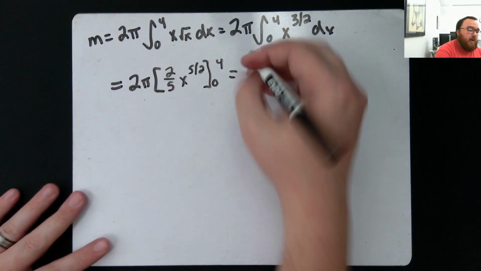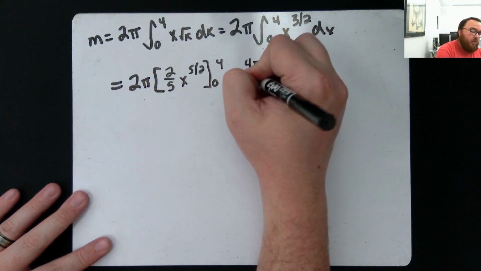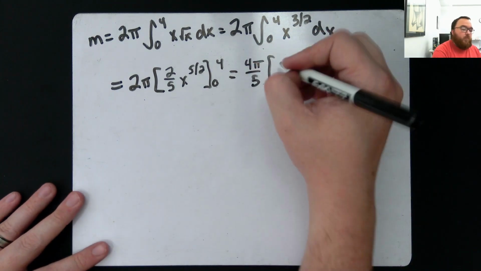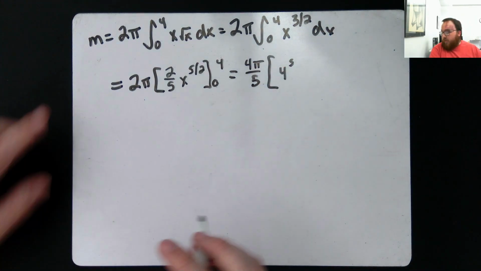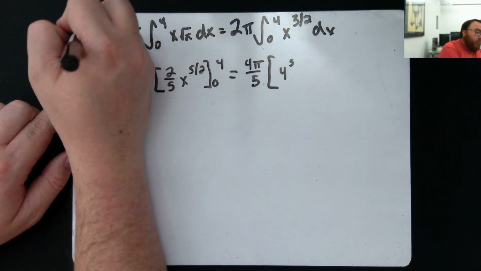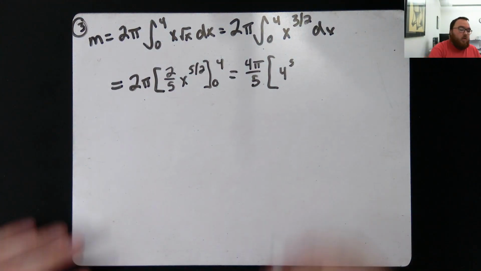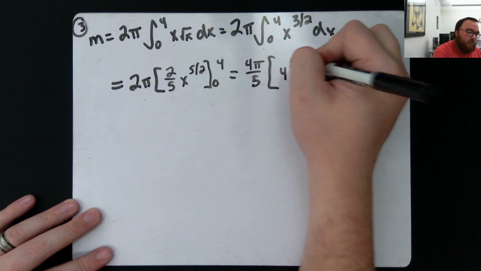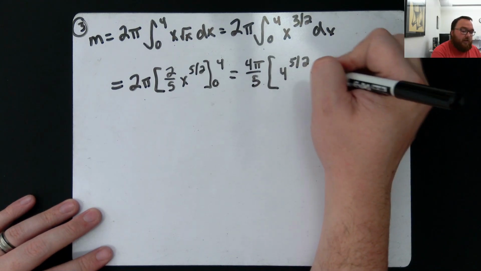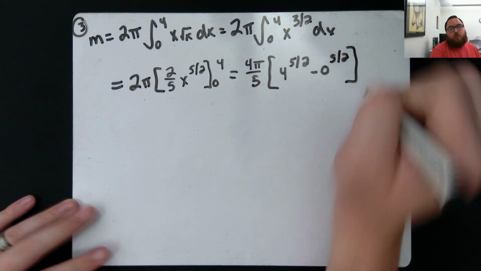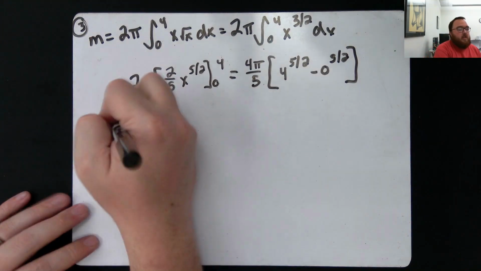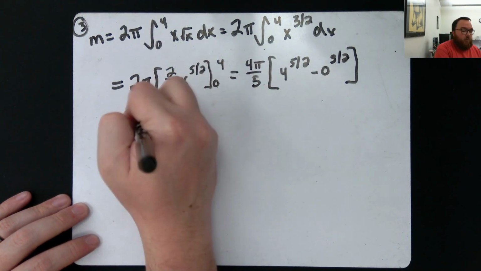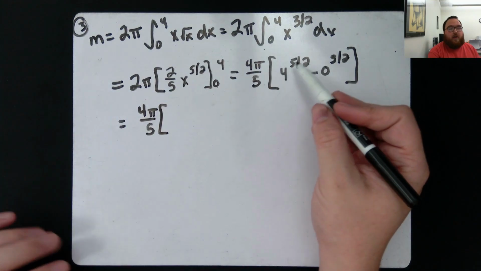2/5 times 2 pi is 4 pi over 5. Plug in a 4 first, 4 to the 5/2 minus 0 to the 5/2. Ooh, I did not write what example this was. This is example 3, sorry about that. Didn't even need to really write the 0 part, but here we are. 4 pi over 5 times 4 to the 5/2.